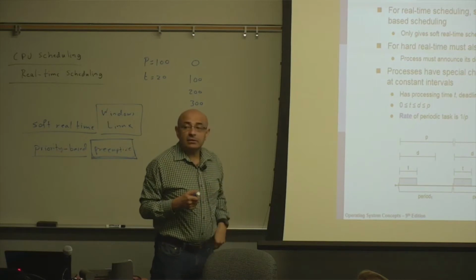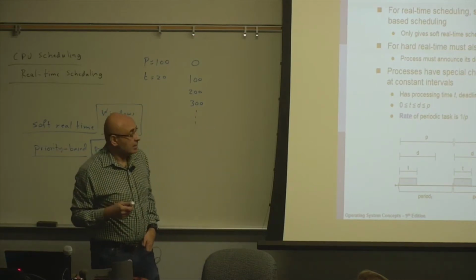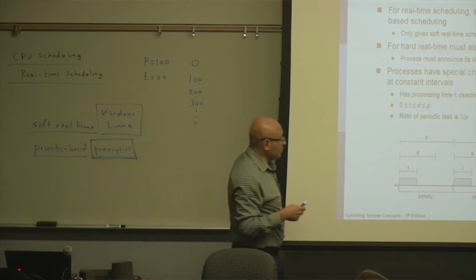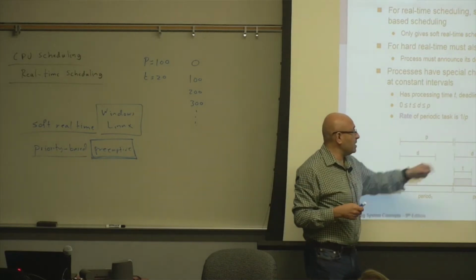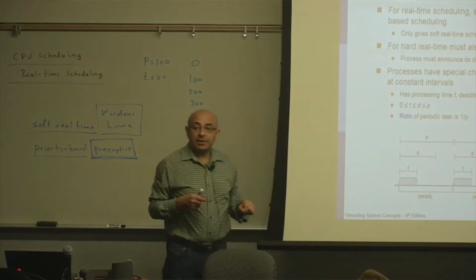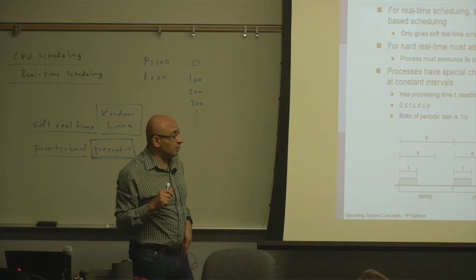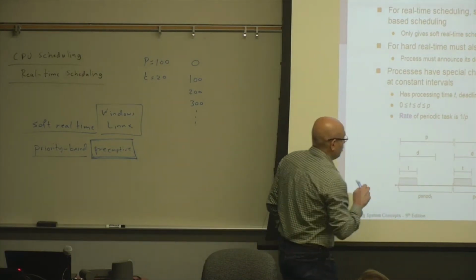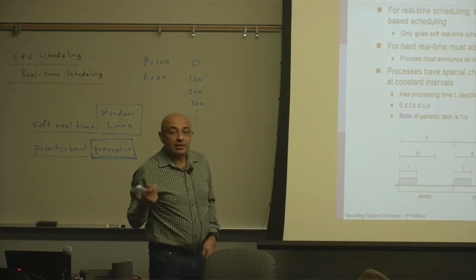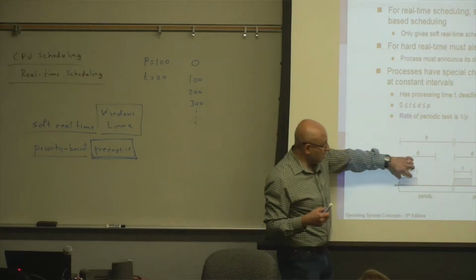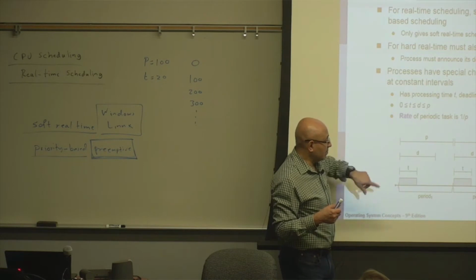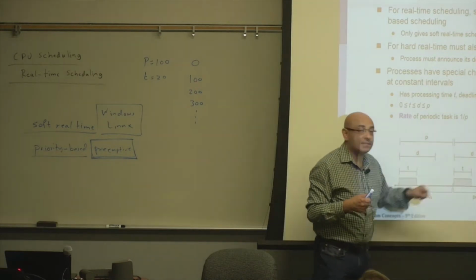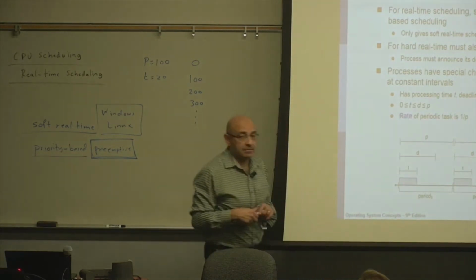Now, clearly, your deadline must be somewhere between T and P, because the deadline for that process must be longer than the length of the CPU burst. But this CPU burst must be executed by the system before the next CPU burst arrives.